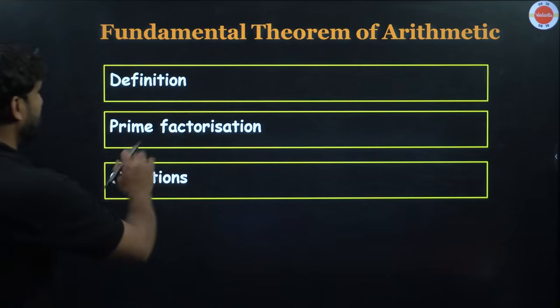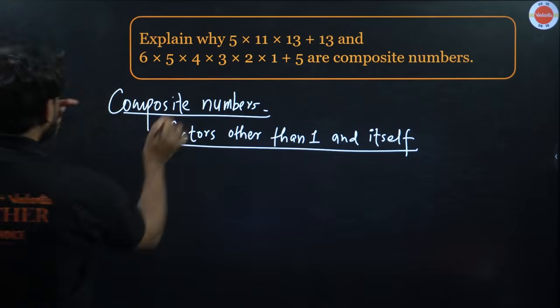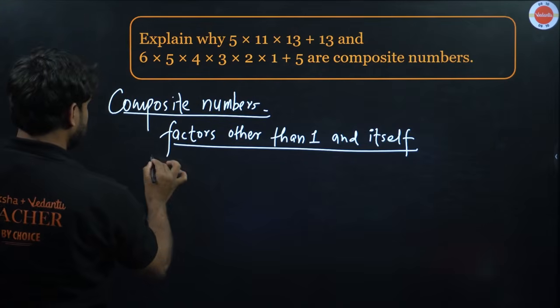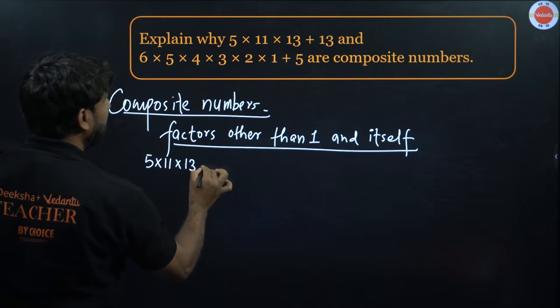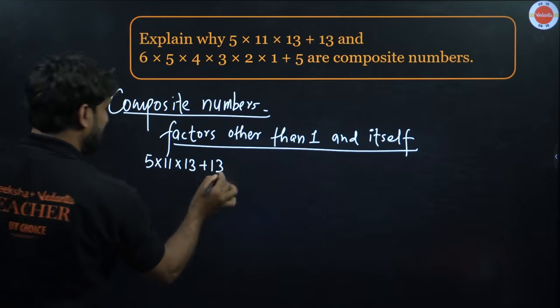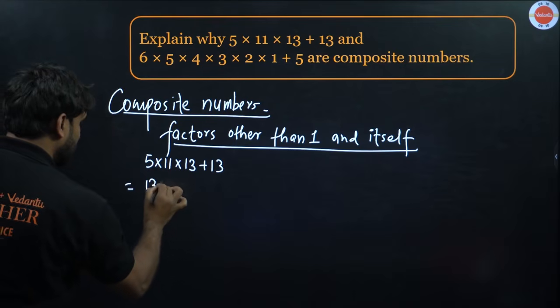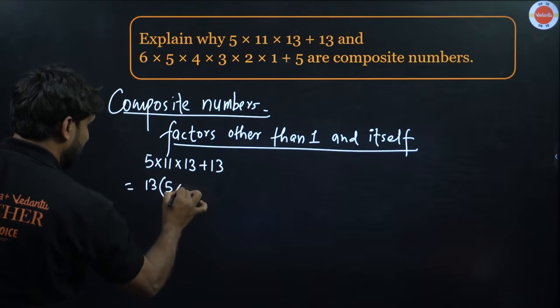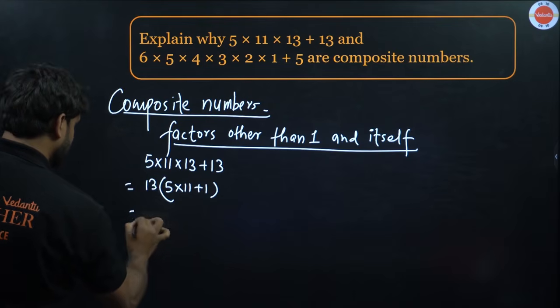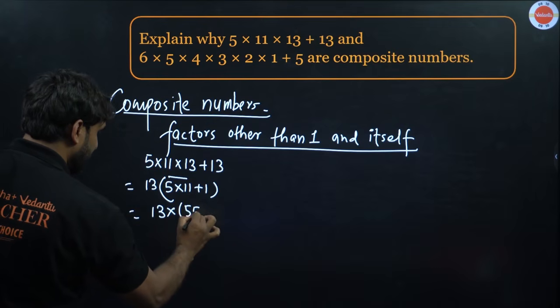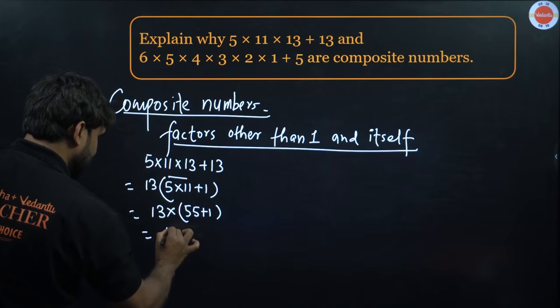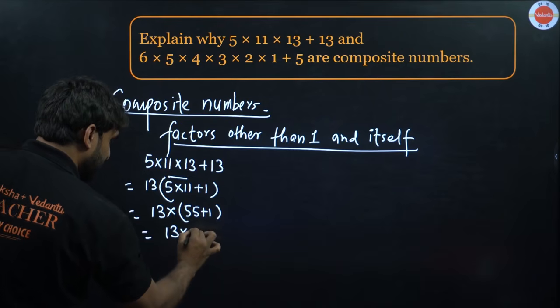Look, my dear champion, how we can prove it. The first number is 5 into 11 into 13 plus 13. Can we take 13 as common here? By taking 13 common, we can write 13 into 11 into 5 plus 1. So it is 13 into 55 plus 1, which means 13 into 56.